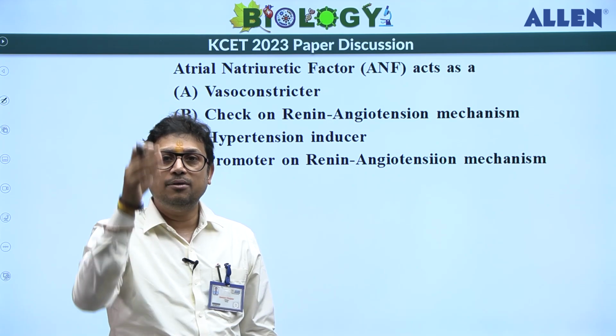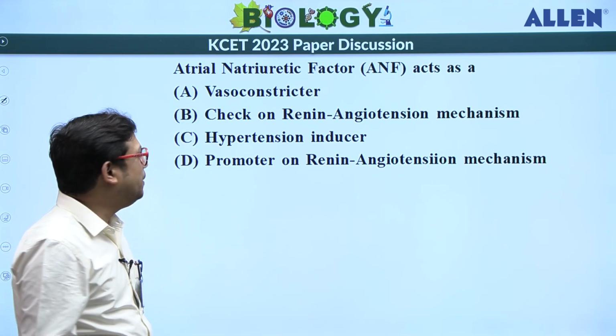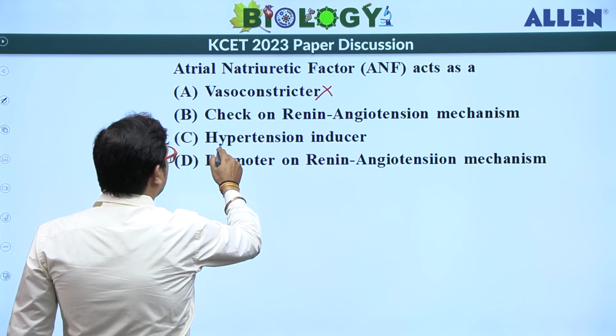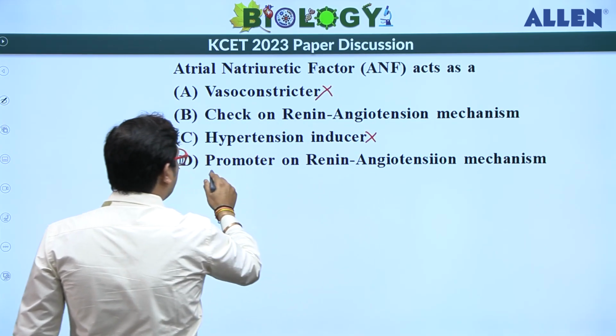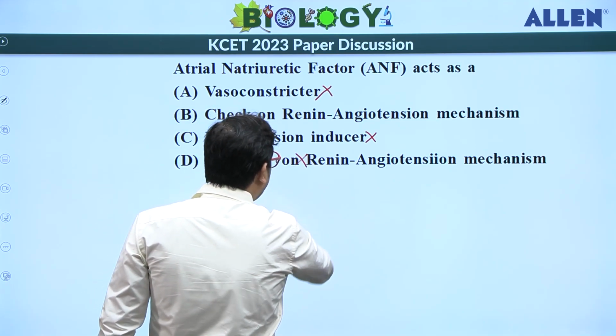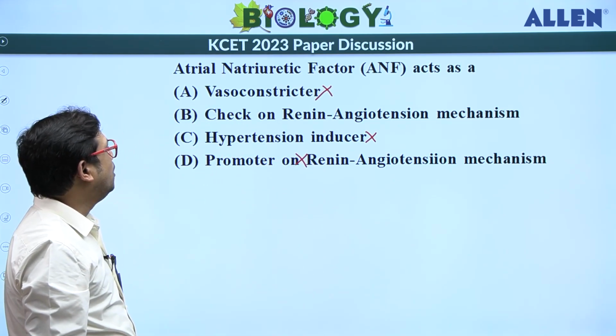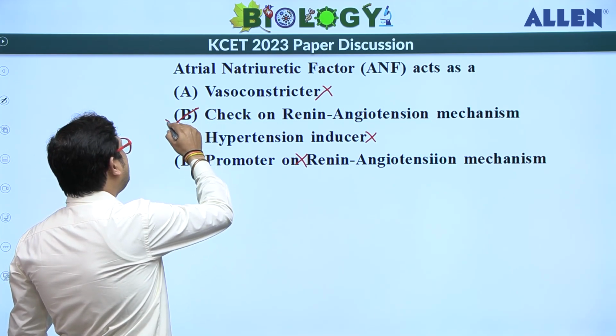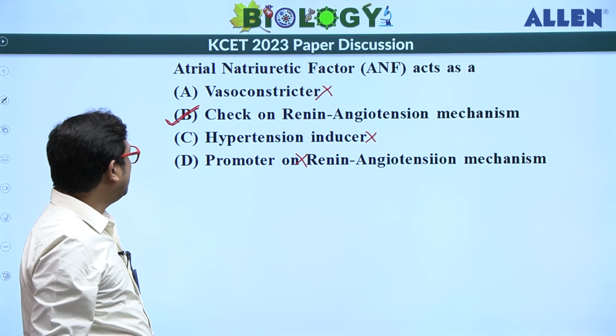It will dilate the blood vessel and reduce your blood pressure. So it is not a vasoconstrictor, hypertension inducer, or promoter of renin. It is acting against the renin angiotensin mechanism, antagonistic to RAS. So answer is B.